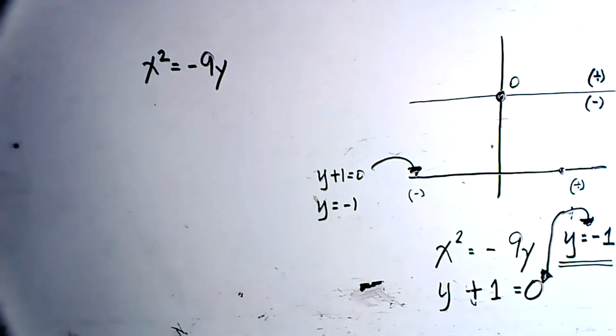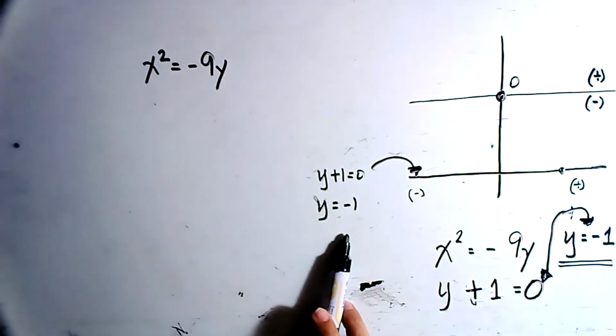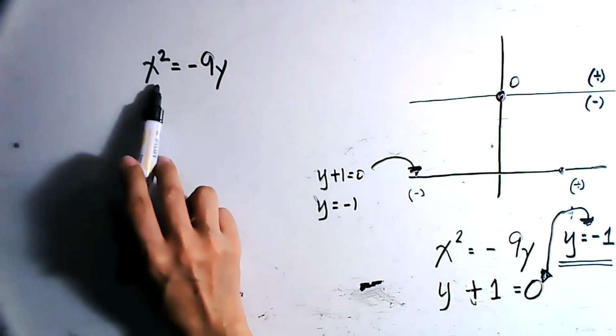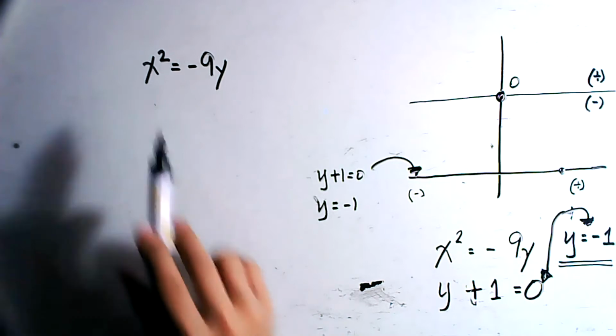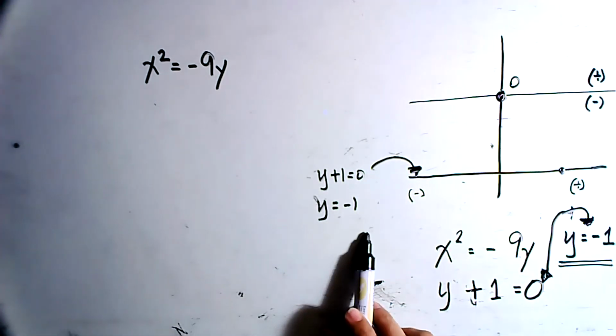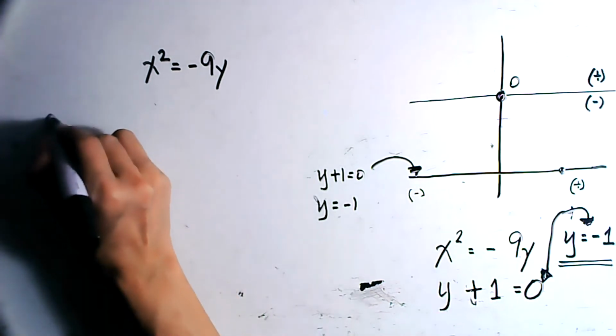If you would want to determine the value of x in terms of y, all we have to do is to substitute in this equation x squared equals negative 9y, the value of y which is equal to negative 1.